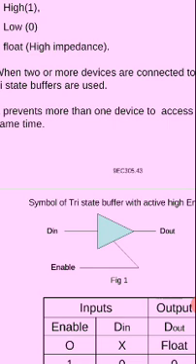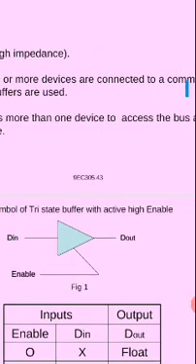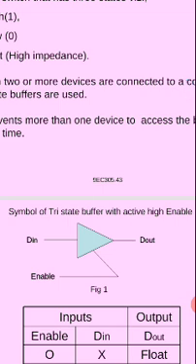Symbol of tri-state buffer with active high enable.